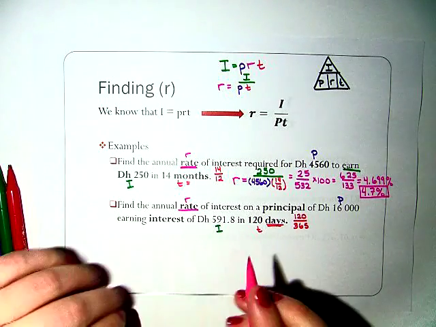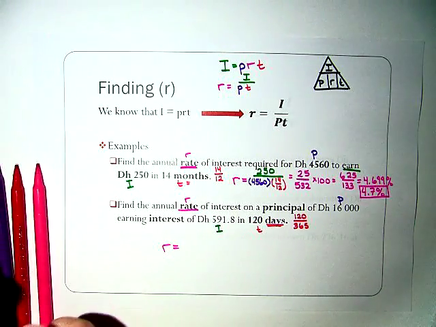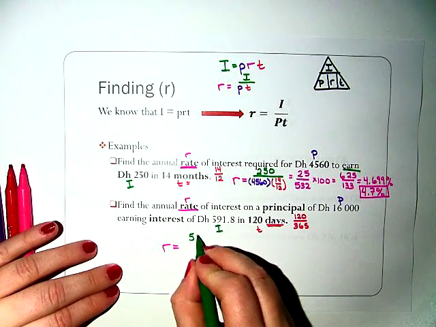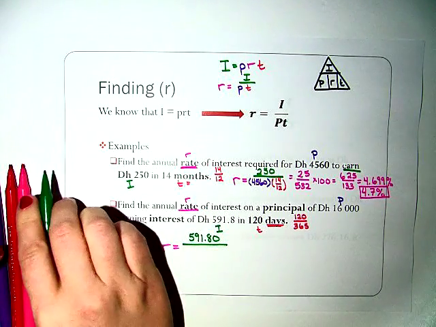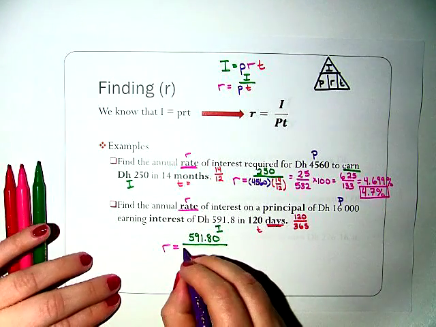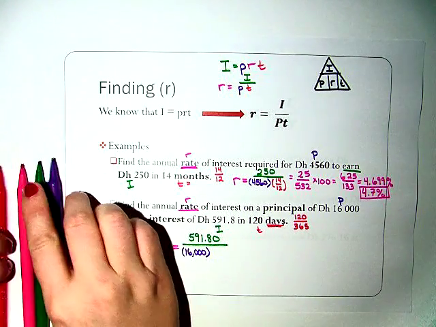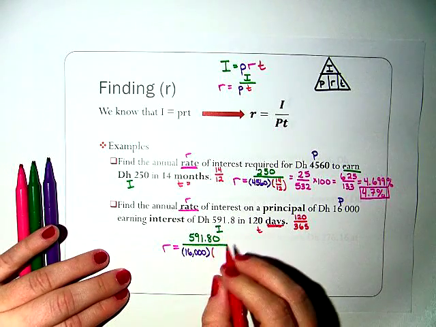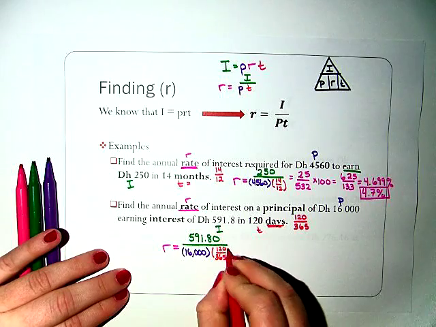So let's set this up. R equals our interest, 591.80 fils, divided by a principal of 16,000 times a time of 120 over 365.